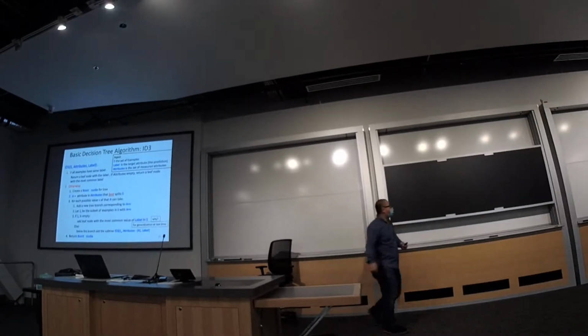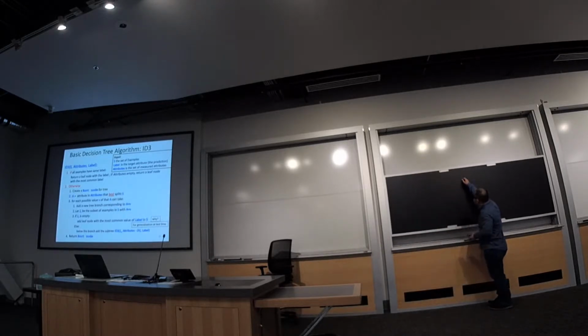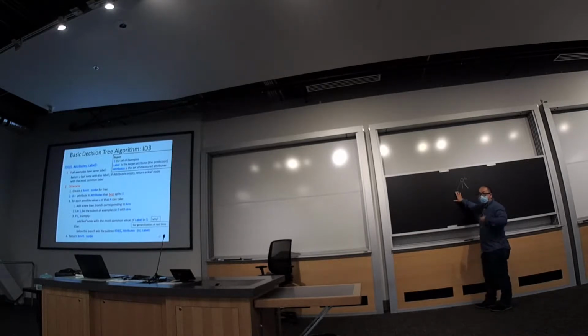I will just simulate how this algorithm is calling, right? So at the beginning, it just starts from the root node, right? And creates a set of branches and selects an attribute, say like A1, we create a set of branches, right? And then at this particular set, it calls the algorithm again. Now using the new subsets, attributes, labels again.